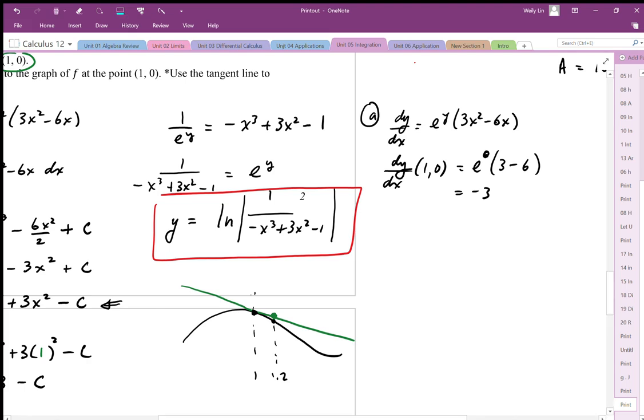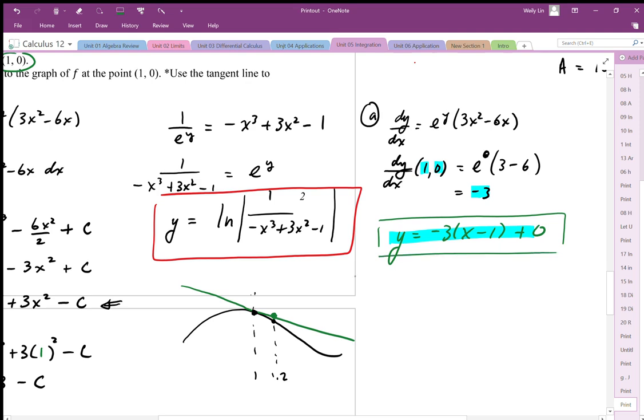And I'm going to use those coordinates and my slope to write the equation of my tangent line. So the equation of my tangent line is going to be y equals -3 times x minus 1 plus 0. That's my tangent line. That would be this green line here.